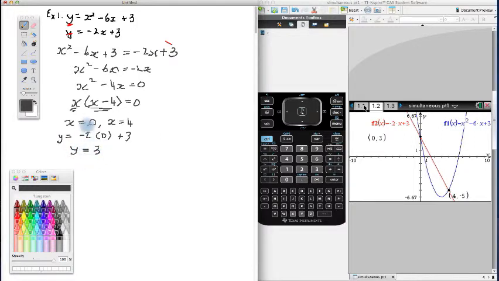So our first point is 0, 3. That's one solution.